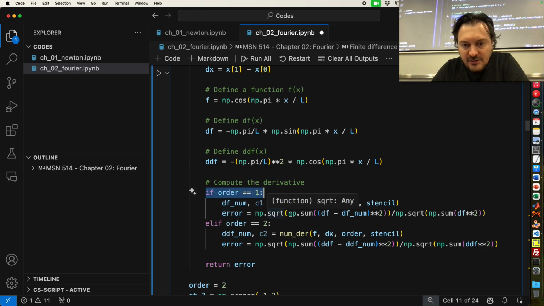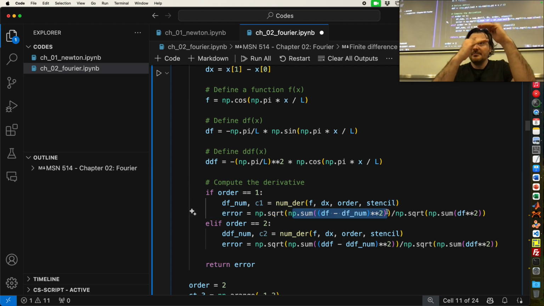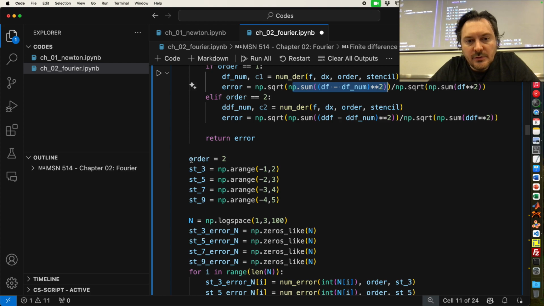Do you see how it calculates error? It basically subtracts one from the other, takes the square, and divides by the sum of the squares of the actual function. Okay?